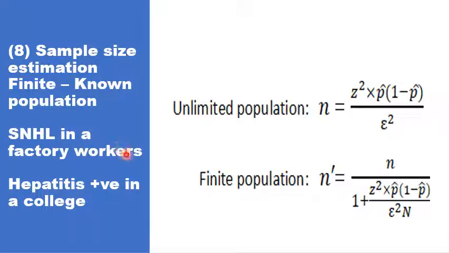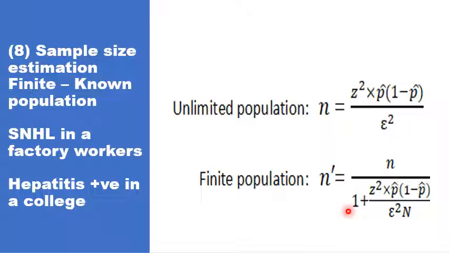The factory workers are say 5,000. This is a known entity. You can know that the workers here are 5,000, 10,000, or whatever. And the same applies for a study for estimating the hepatitis positive students in a college. The number here would be finite rather than an infinite or unlimited population.